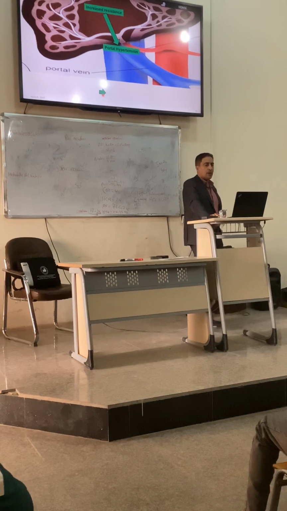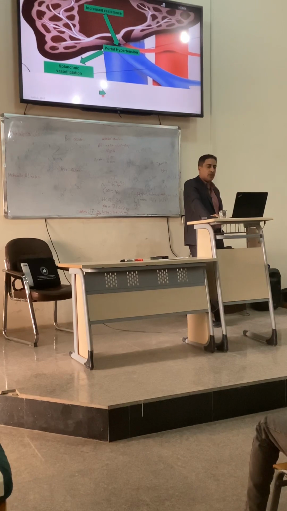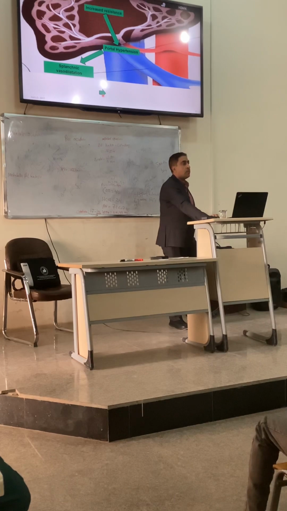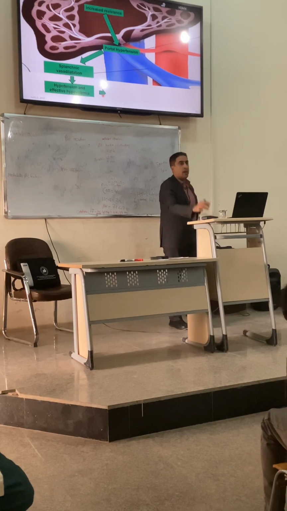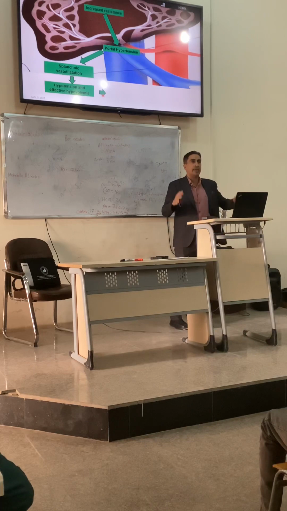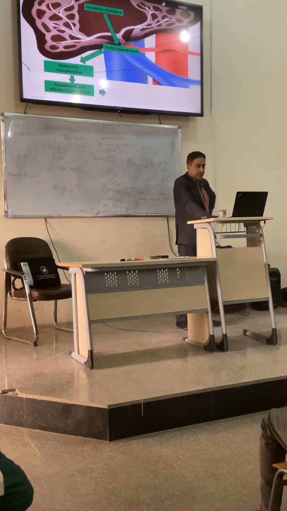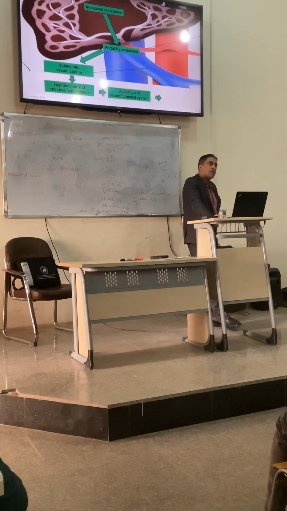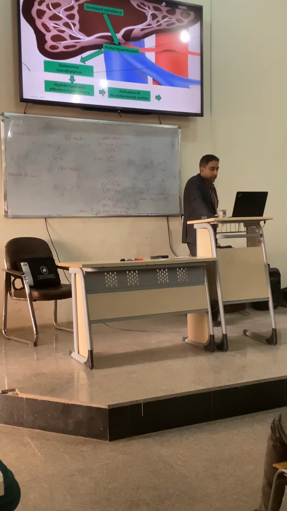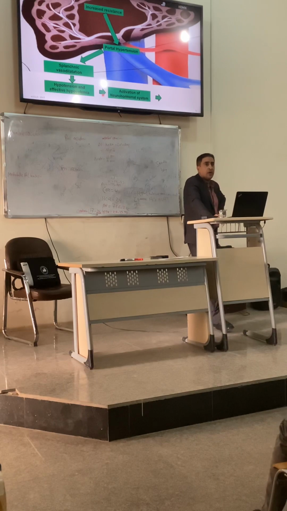Again, we spoke about the pathophysiology of portal hypertension. Increased resistance leads to portal hypertension, and the portal hypertension leads to vasodilatation of the capillaries of the bowel. Then the blood will be pooled in these dilated capillaries inside the bowel, and it leads to hypotension and hypovolemia. When there is systemic hypovolemia and hypotension, it will lead to activation of the renin-angiotensin system, and this leads to water and sodium retention.